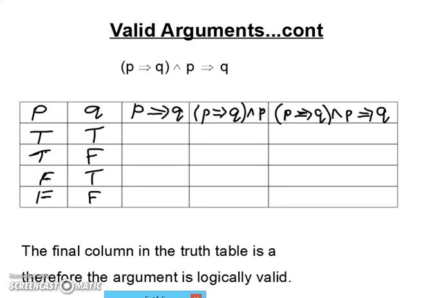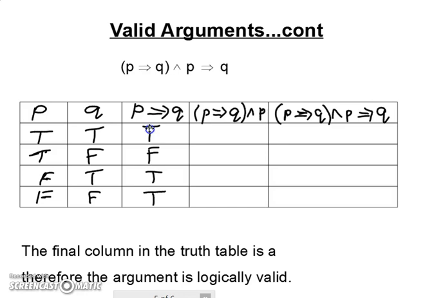So if P, then Q, and then we will need to use our logic tables here. If P is true and Q is true, then we have a true value. A true and a false gives us a false, a false and a true gives us a true, and a false and a false also gives us a true.